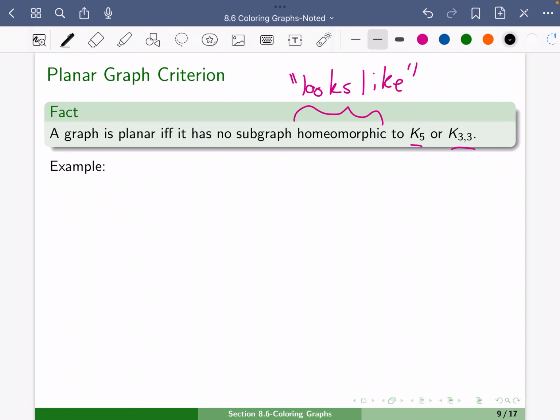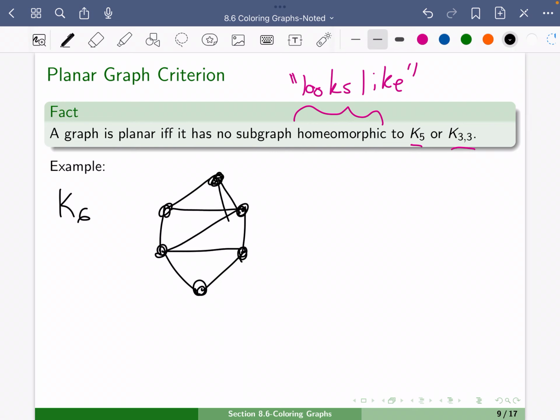So if you were to look at something like K6, a complete graph on 6 vertices, we could restrict our attention and say, well, right here, these 5 vertices, and the edges connected to them, or at least a subset of those edges, does actually give us K5.